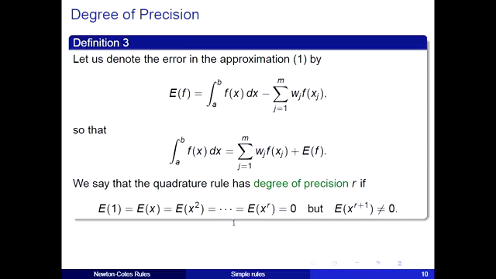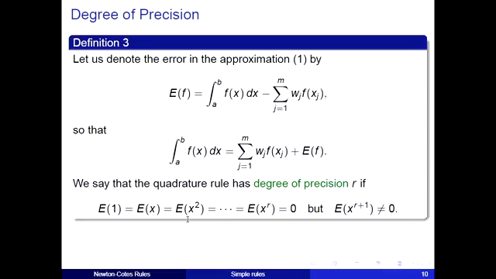Okay? So now the consequence is, if I take a polynomial of degree r, and the degree of precision is r, then what is the error? 0, yeah? Because you just take the linear combination.